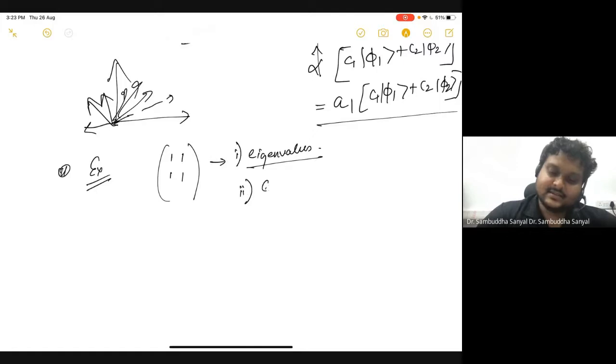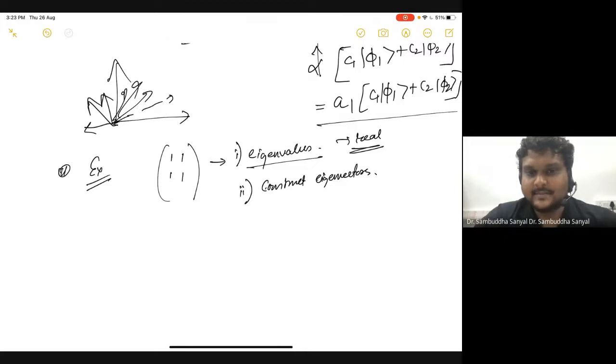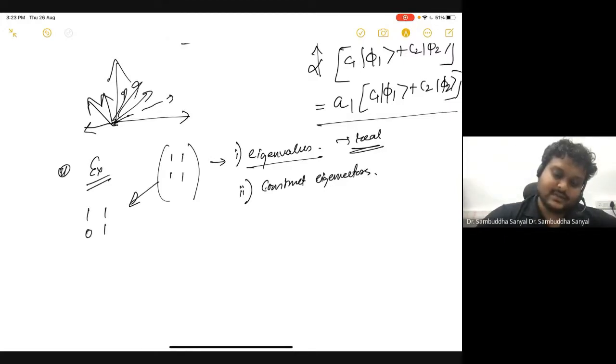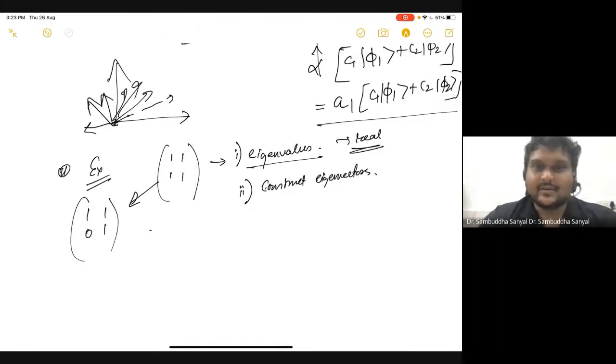Second task is to construct the eigenvectors. First of all, check if they are real. You can play with some other Hermitian matrices, and also make them non-Hermitian to see what happens, for example 1, 1, 0, 1. So check the counterexamples. Then construct the eigenvectors. So do this example.